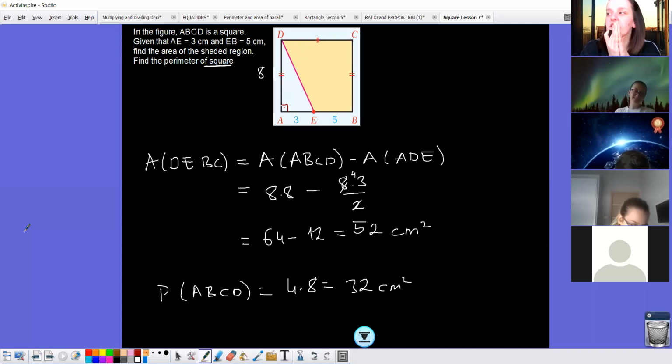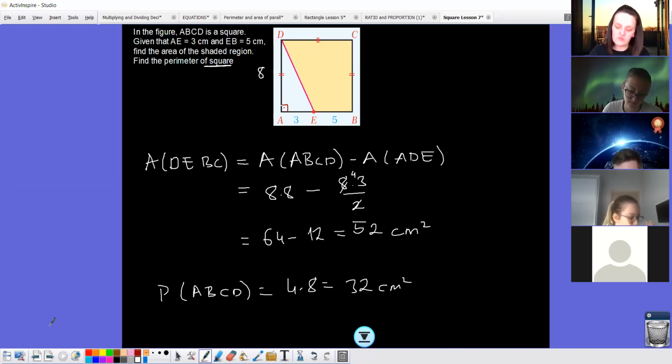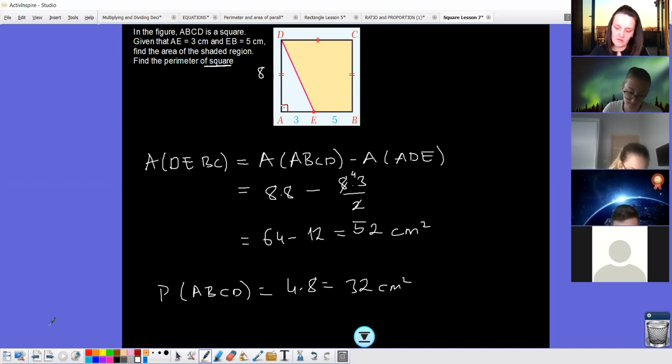So if you are ready, let's continue with the other one. In the book, guys, you have more exercises about squares and rectangles at the end of the chapter. Practice them, because you can start practicing from now, since the questions will be from the exercises parts.